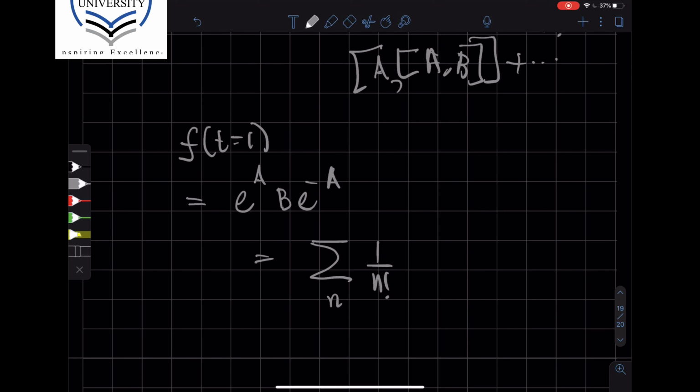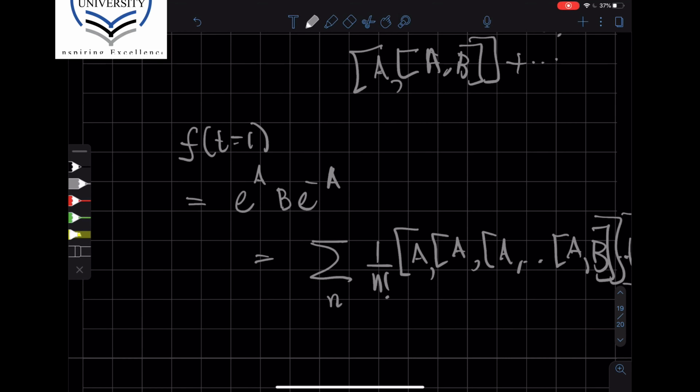So we have 1 over factorial n, and for each value of n, n nested commutators of a with b.